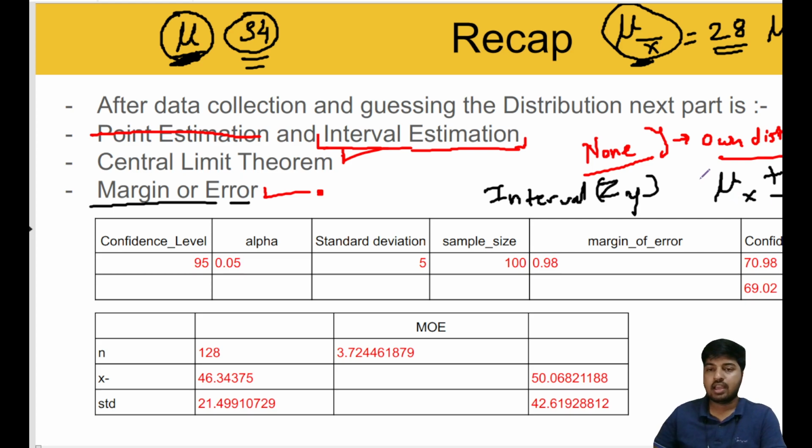And this interval is going to be, suppose our margin of error is 10. Mayur, are you writing on the right side? Oh, okay, sorry. We'll just zoom out.